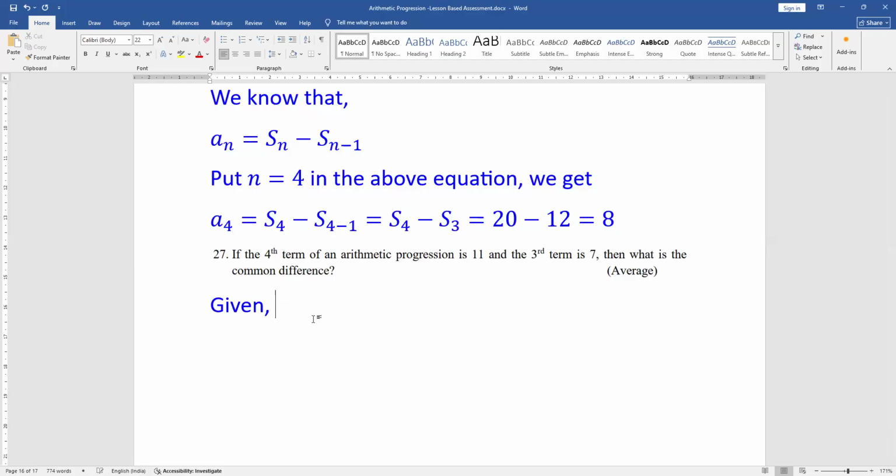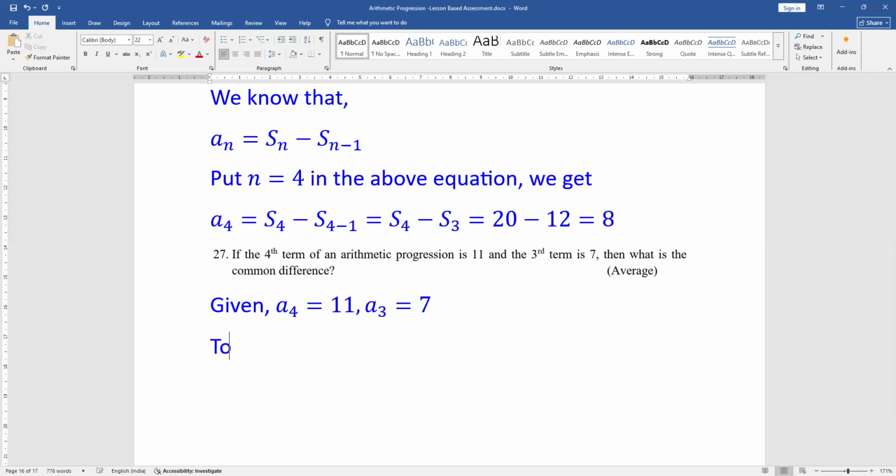Fourth term is A4, so A4 is given to be 11. Third term is 7, which means A3 equals 7.